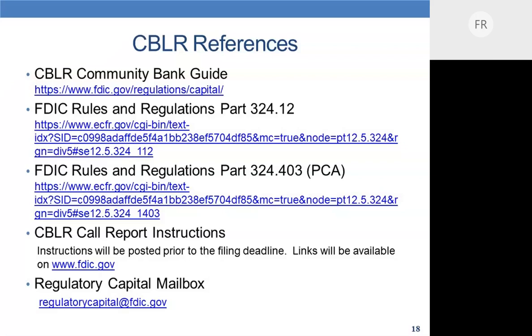But if you're a CBLR bank, you can stop at Tier 1, whereas if you are a non-CBLR bank, a bank that wants to continue to use the risk-based framework, you would then have to calculate Tier 2. You have to calculate your total capital ratio. And obviously you then have to calculate all your risk-weighted assets to calculate all your risk-weighted capital ratios.